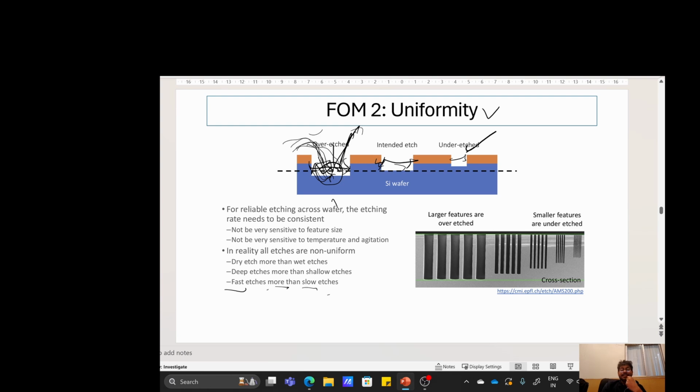The agent solution which we are using should be such that it is not very sensitive to the feature size, and also not very sensitive to the temperature and agitation.